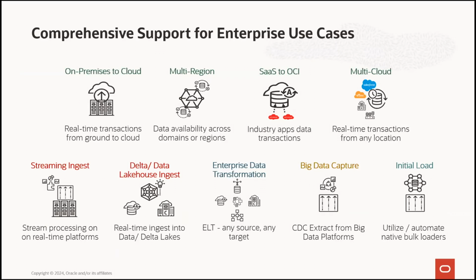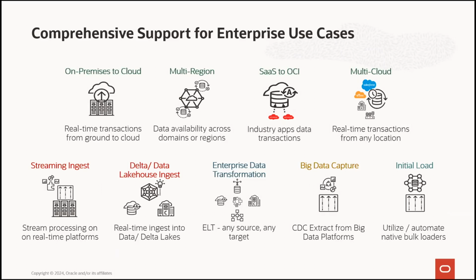We see customers using OCI Golden Gate for multi-region data synchronization requirements. We have customers, for example, that are using multiple clouds, and they want to keep their different regions in sync across multi-cloud environments, and they use OCI Golden Gate for that.